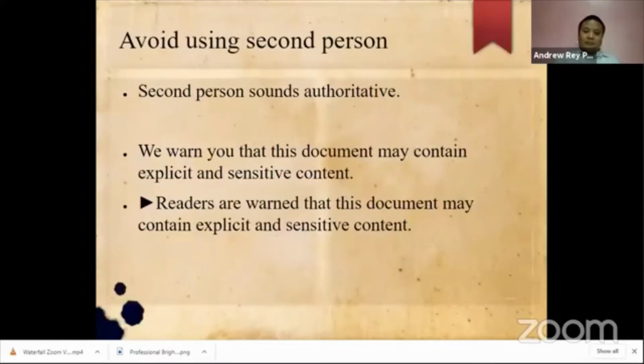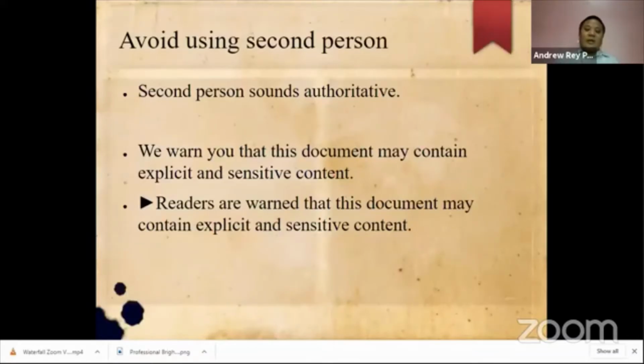Okay. Then you also avoid using second person because when you use second person, when you use the word you or your, it sounds authoritative. It's like you're ordering somebody to do something. Okay, so you try to avoid using second persons. You say, for example, we warn you that this document may contain explicit and sensitive content.